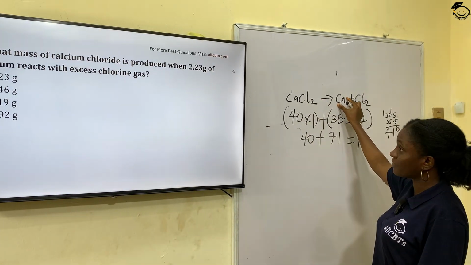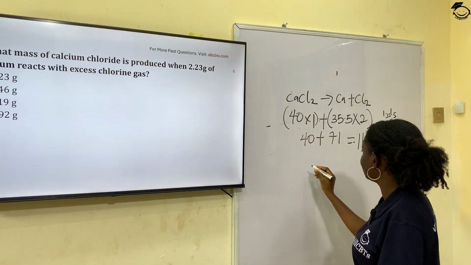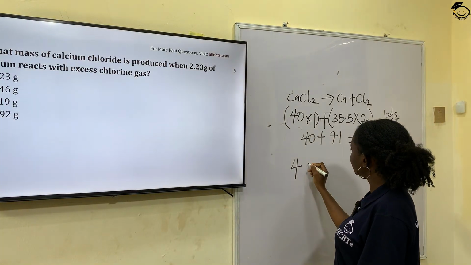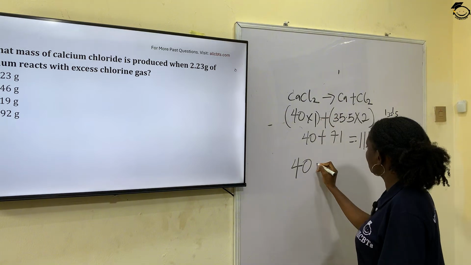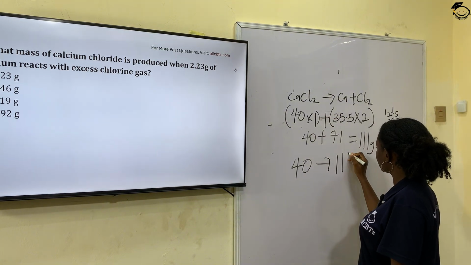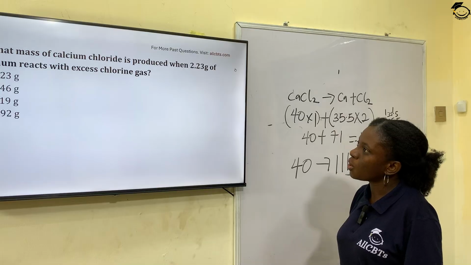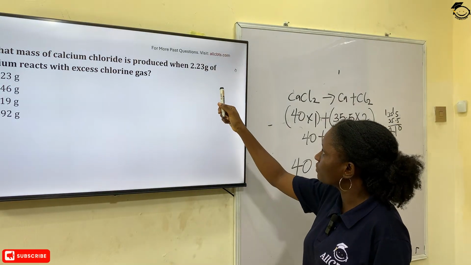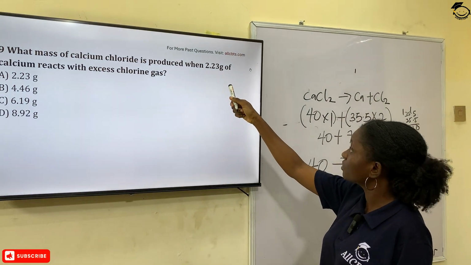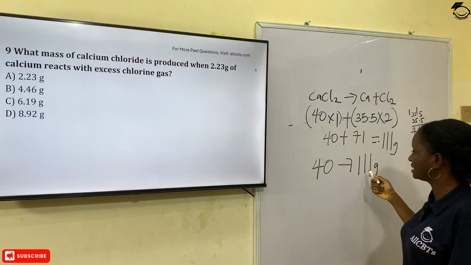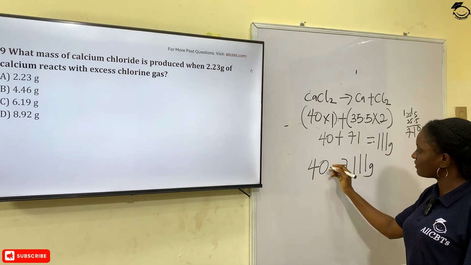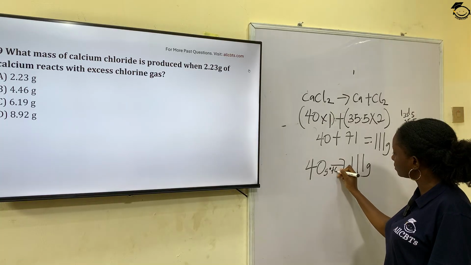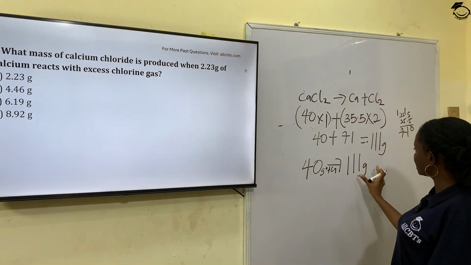And the mass of calcium is 40, like we said before. That is fixed. 40 will give you 111 gram. So 1 mole of calcium will give this amount. So 40 gram of calcium will give this.